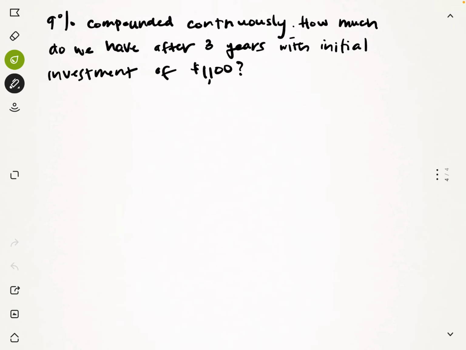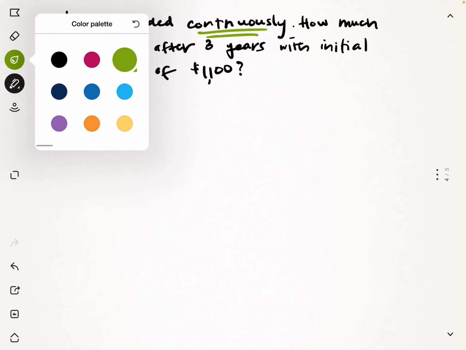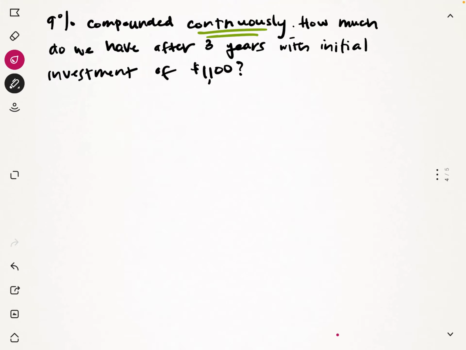Okay, and I think this is the last one. Yeah, so this one is compounded continuously, and that's something maybe we haven't talked about before, but we have a different form for continuously compounded interest. So for our continuously compound interest, we are going to go ahead and use the formula, and it involves e.